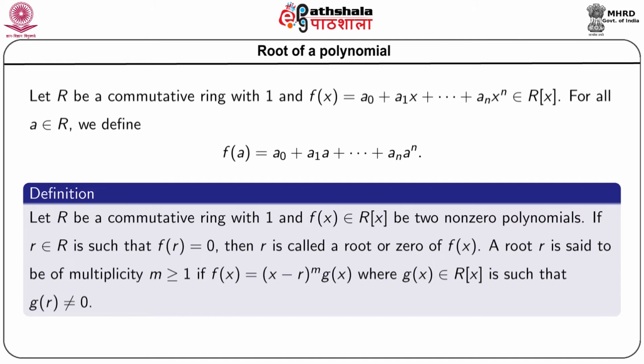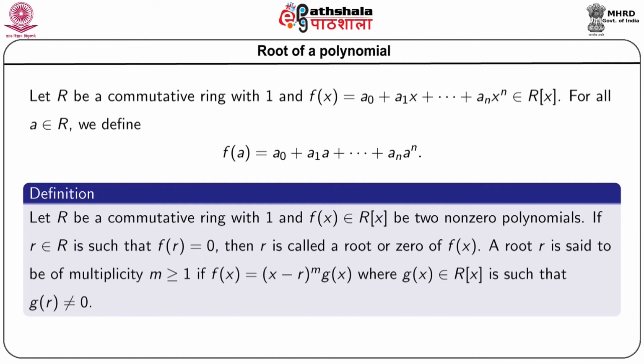Later we see that a is a root of f(x) if and only if the linear monic polynomial x minus a is a factor of f(x). From this fact, we introduce the notion of multiplicity of a root r.